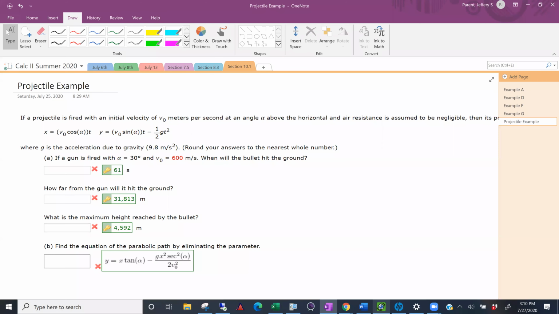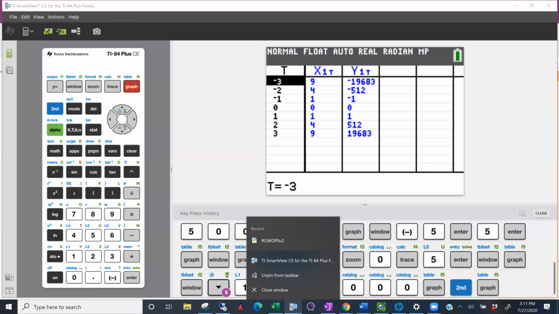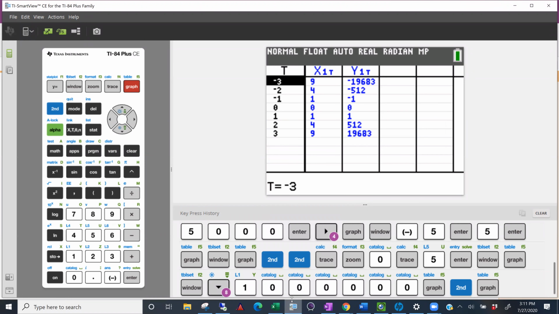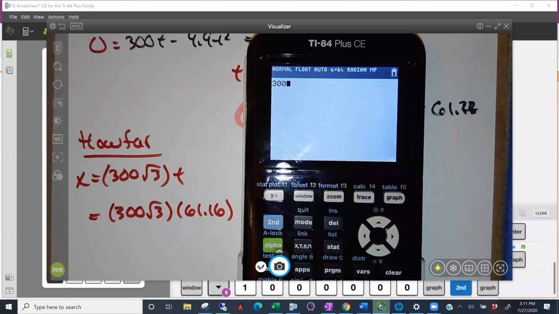Let me try something here, because I'm not getting from my calculator exactly what the book got or what WebAssign got. 300 divided by 4.9 is more like 61.22. Yeah, that's what I was thinking. I think I must have got the wrong value there. In fact, I don't know where I got the 22. I inputted that long decimal it gave me for part 1, and then it gave me that number for the second part.